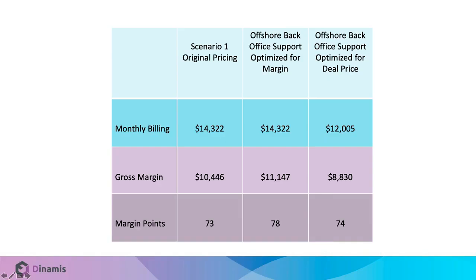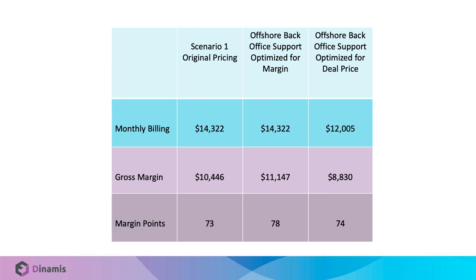But the point in bringing this all up is that if you were to look at a traditional margin model, and this is an example of a client that I worked with at my last firm, where we were billing about $14,000 a month. We were using the prevailing staffing model, which I was just showing you, with CFO advisory at about 4 hours a month, controllership going up at supervisor, and then going up at data coordinator level.